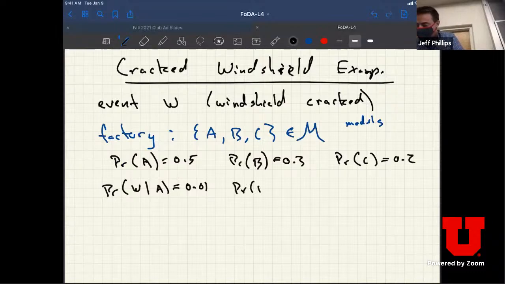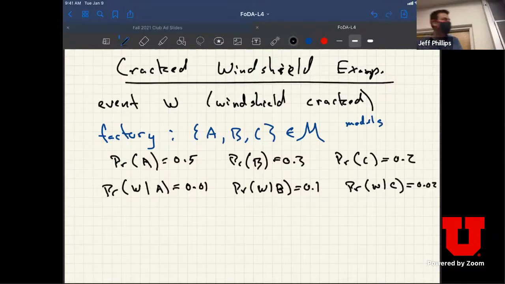The probability of a cracked windshield out of factory B was 10%. This one seems problematic. And the probability of a cracked windshield out of factory C is 2%. So these are statistics of whether the windshield cracked, depending on which factory it came from.